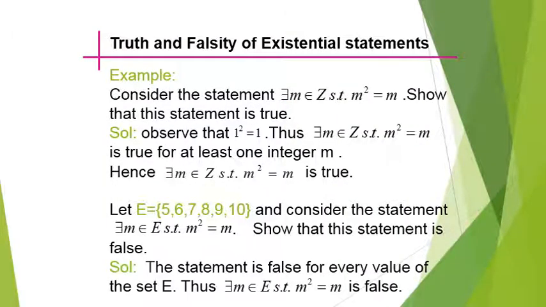Now let's see कि existential statement कब true और कब false होगी. By an example, consider the statement: there exists m belonging to Z such that m square is equal to m. Show that this statement is true. So if m is some number belonging to integers, then we can take m equal to 1, and for m equal to 1, 1 square will be equal to 1, obvious.